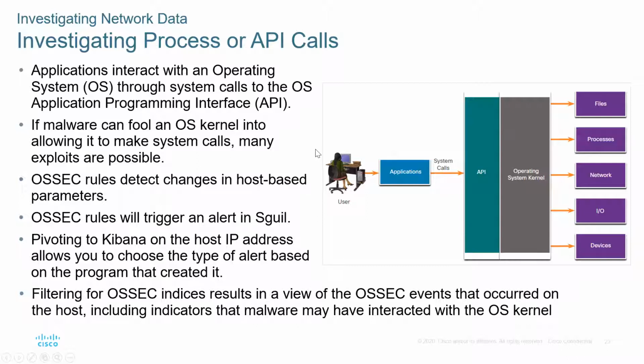Pivoting over to Kibana, you can then use the host IP address, allowing you to choose the type of alert based on the program that created it. And then you can filter that index based on the results that are available in the view in order to see what occurred on that host. And so you can kind of detect all the different malware that's going on within that OS kernel.